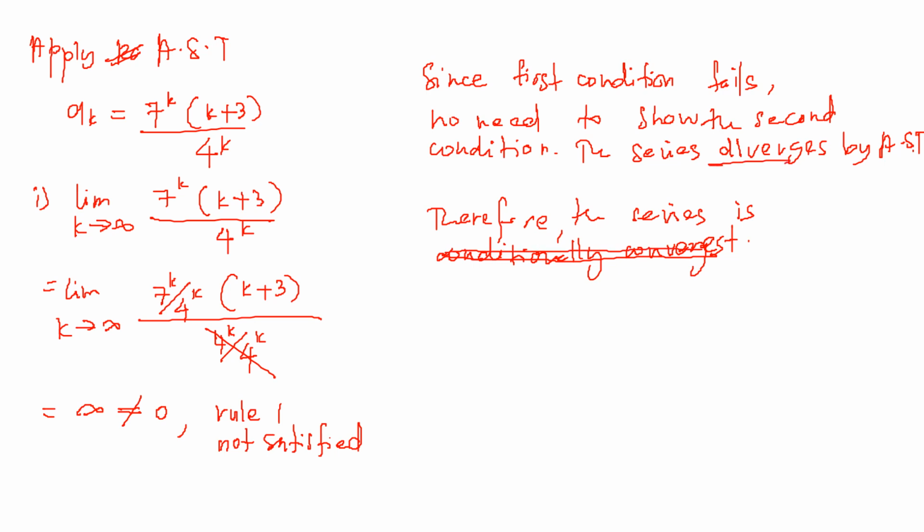So therefore, the series is diverged. Conditionally convergent is when you apply the AST test and you get convergence. Since this one diverged, therefore the series is diverged. Alright. Okay, now we proceed to another example for you to get more understanding.